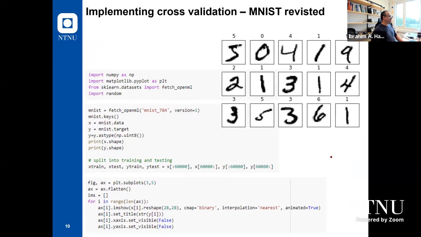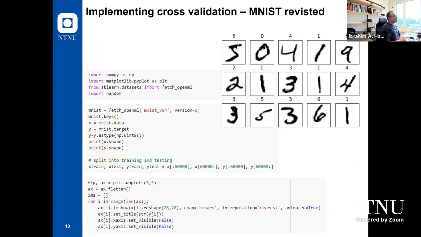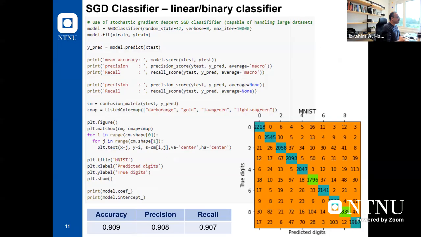We import it from sklearn, and we use cross validation here for testing the accuracy. We can go for accuracy until maybe 90%. Maybe it's not very good, in fact. This one is without cross validation. In fact, it's just using stochastic gradient descent, and the accuracy is 0.9.